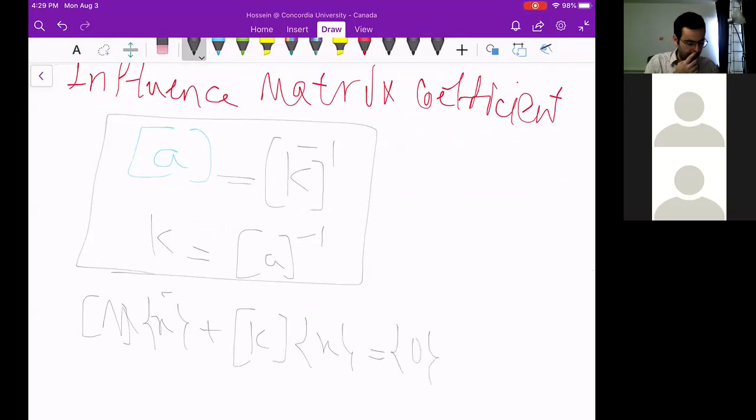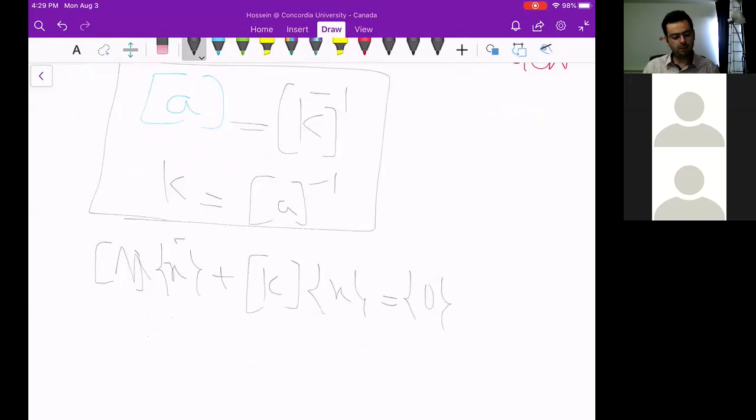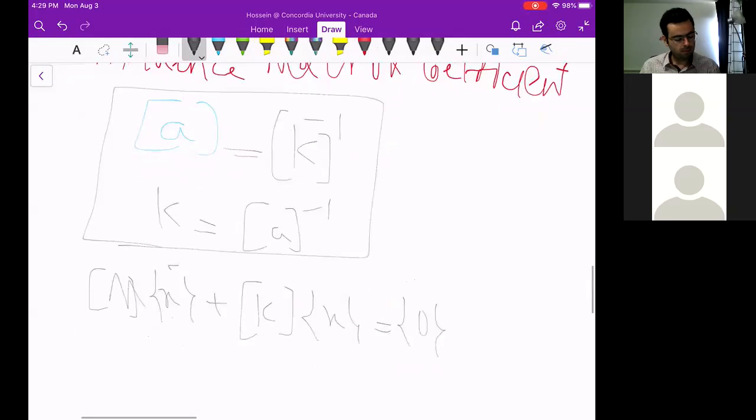So rather than obtaining K, you could go for A and then take the inverse, and you will find the stiffness.